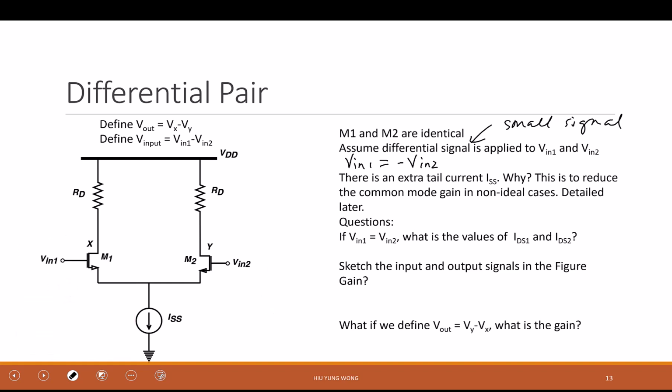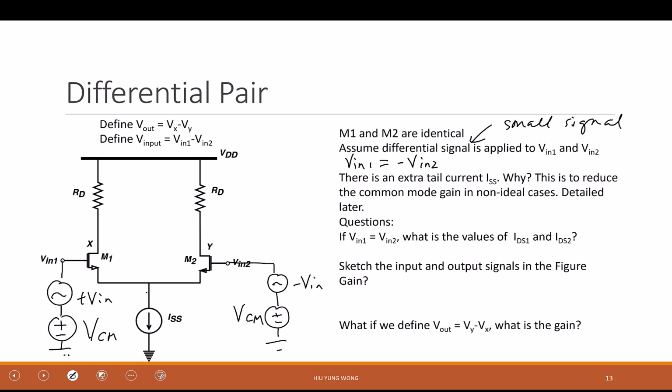Maybe the best is to draw it in this way. Maybe this is, let's say, negative V in on top of a common mode. And this might be plus V in on top of a common mode. Is this okay?